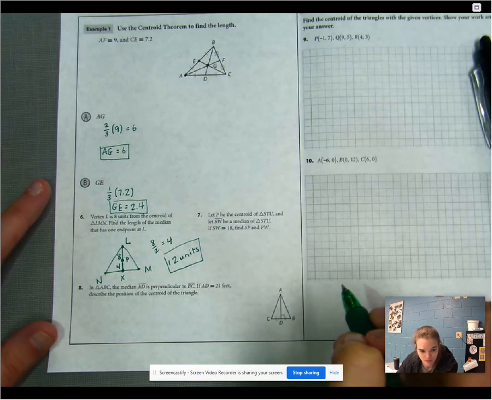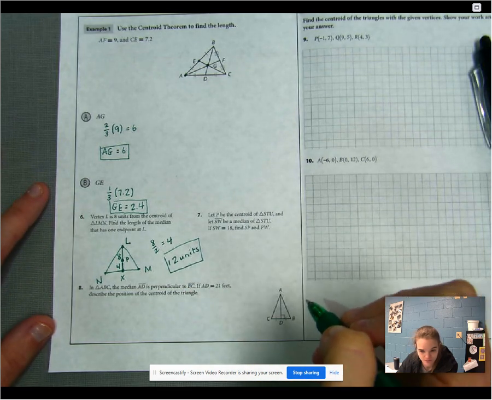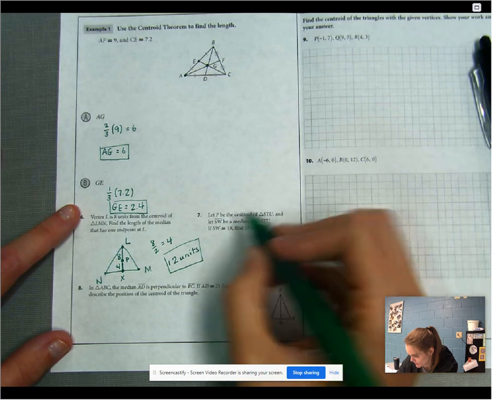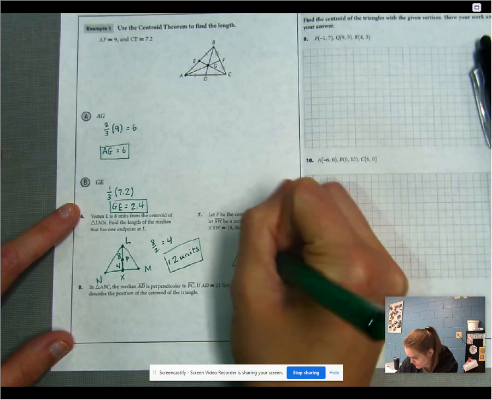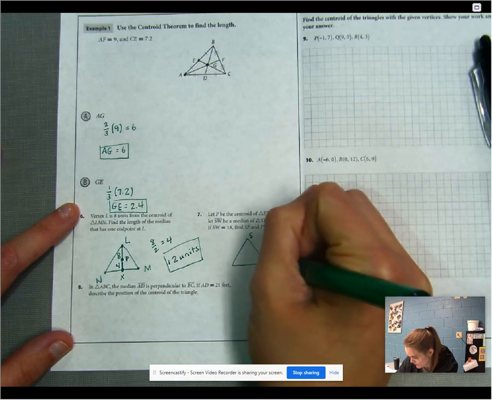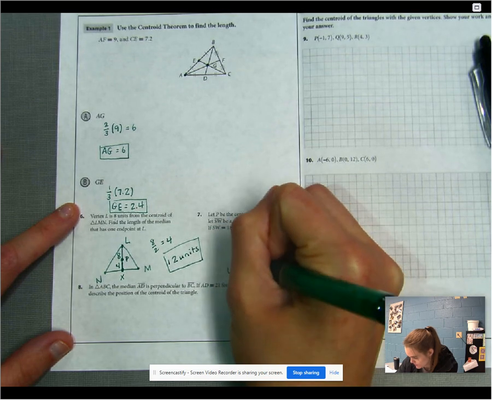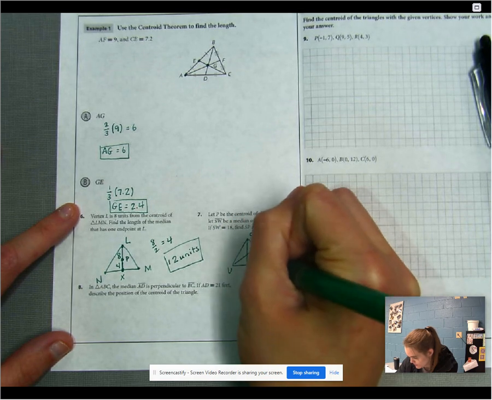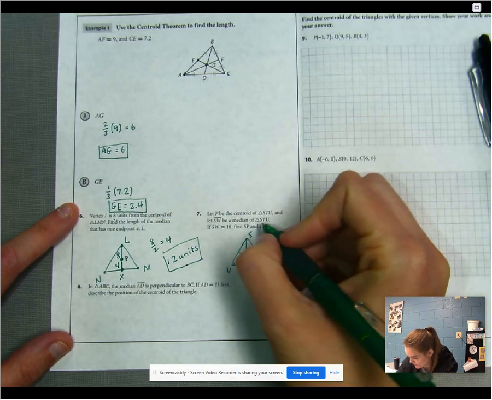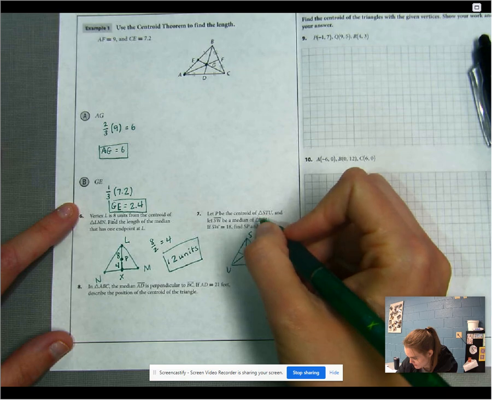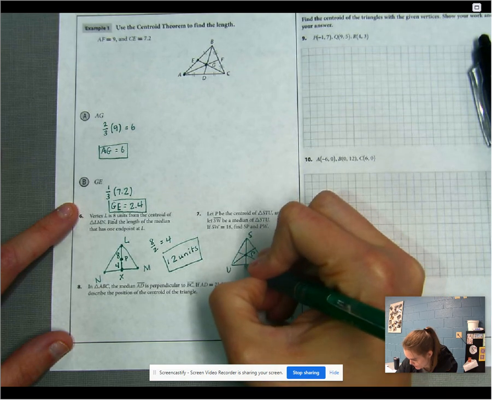Try number 7, pause it, and then try number 8. Number 7. Let P be the centroid of triangle STU, and let SW be a median of STU. That means it's W down here.